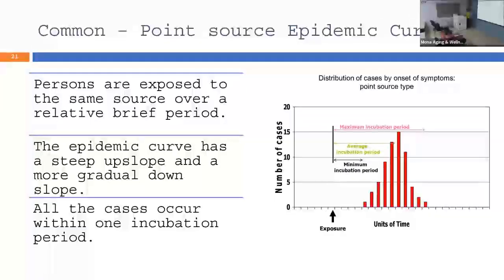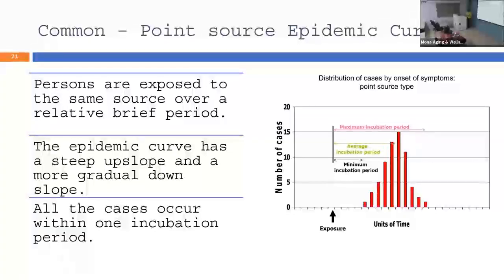But back to common point source, most of the cases will occur at the average incubation period, and you see the taller peaks at the average incubation period. But usually for any illness, the incubation period is given as a range, and you have the minimum incubation period. So you start seeing people, maybe those with weaker immune systems, start occurring.